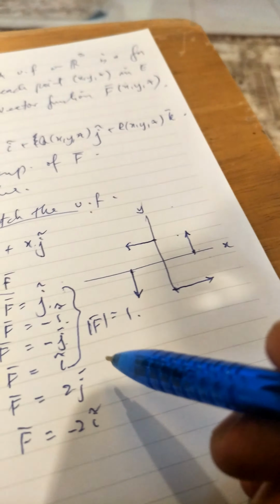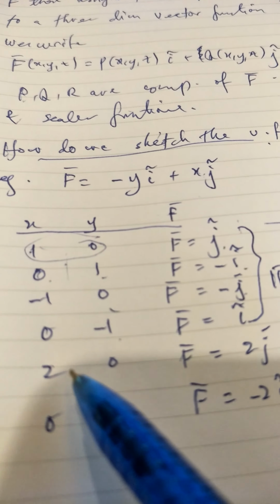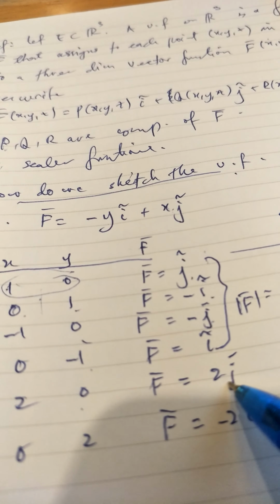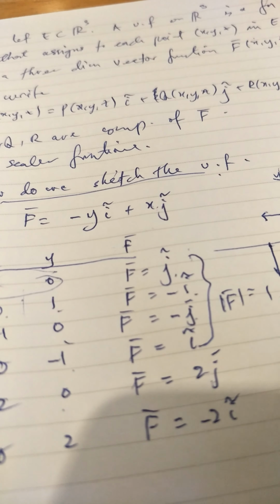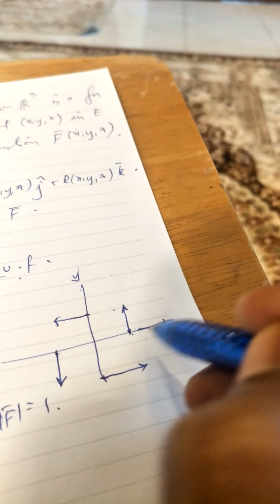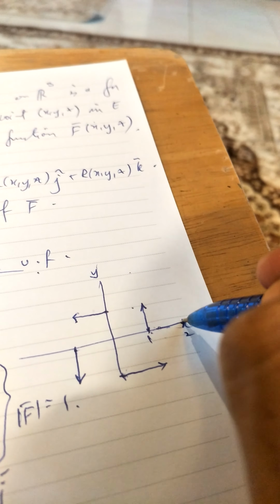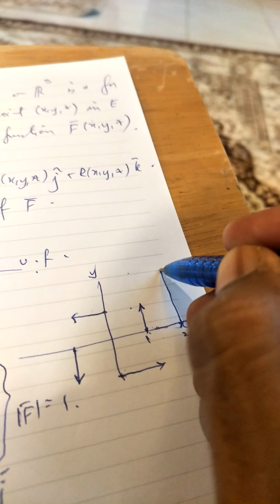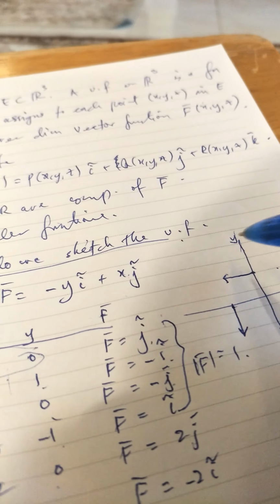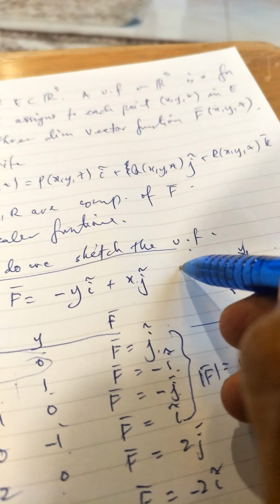If you look at another point, let's say we choose (2, 0), we have 2j, so it goes up with magnitude 2. If you choose the point (0, 2), you get that.